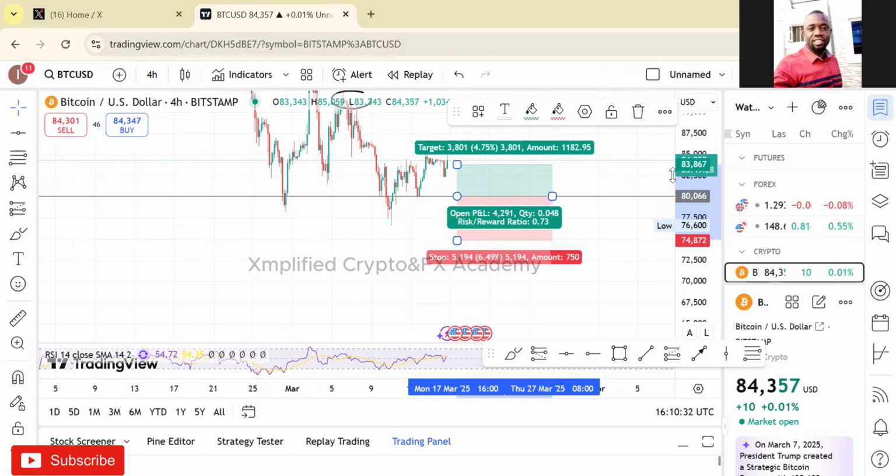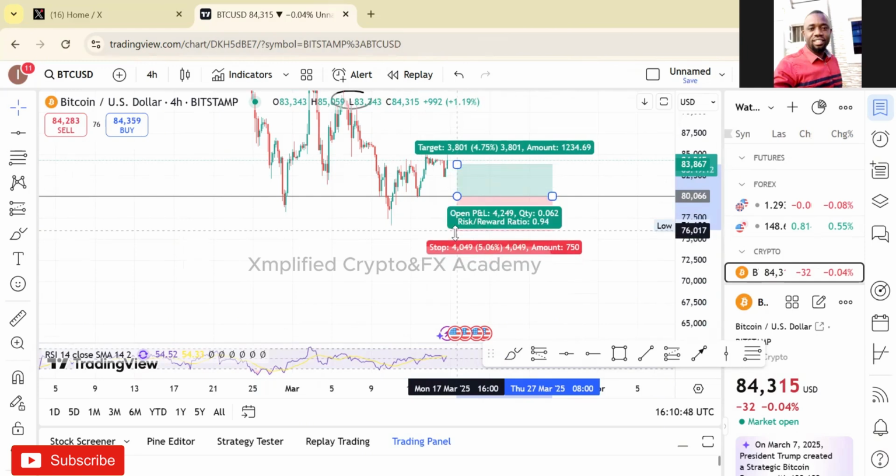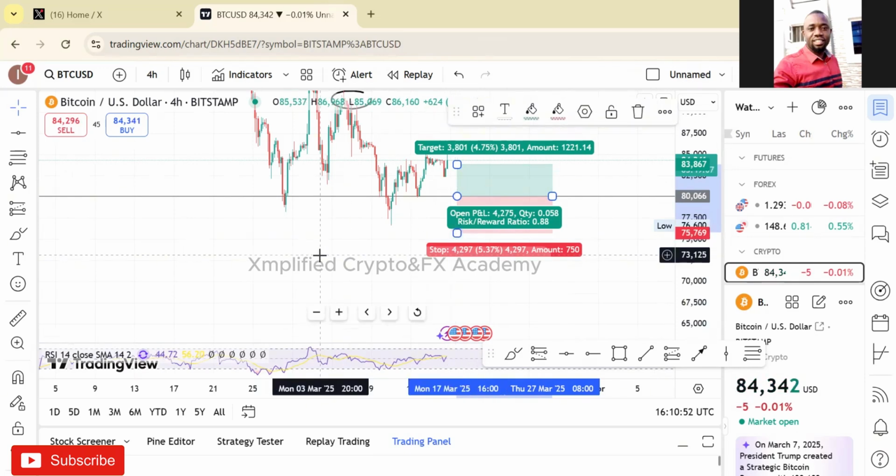Now, what if the dip was too much and it breaks your entry and goes down to the loss zone? Probably got to 75. Let's assume it got to 75 before Bitcoin now gets supported. Remember, you're losing money. You're losing like 5 or 6% of your entry price.